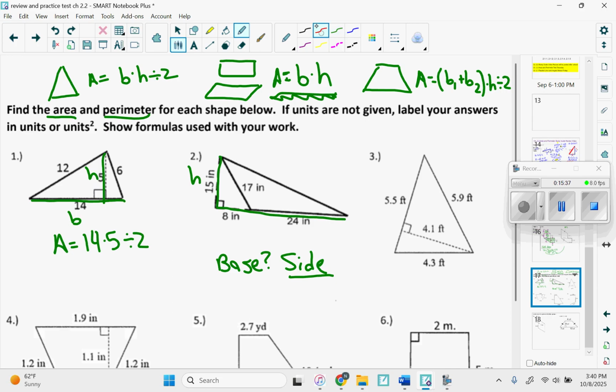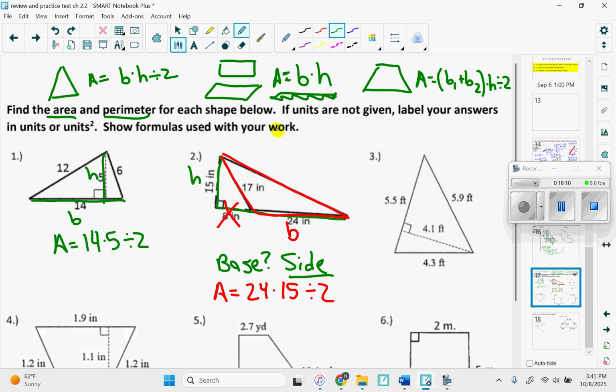So the triangle is here. 24 is the side of the triangle. That's the base. So when we do this problem, the area equals 24 base times 15 height divided by 2. We do not use this 8 here because that is not part of the triangle and it's not the height.